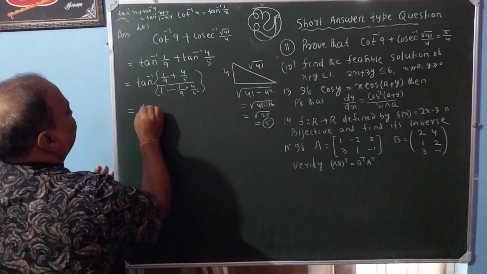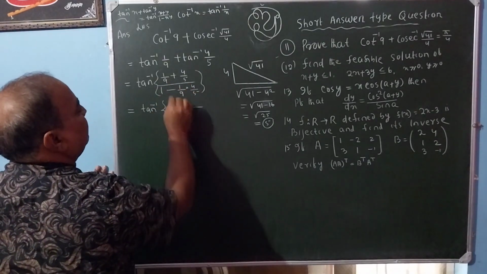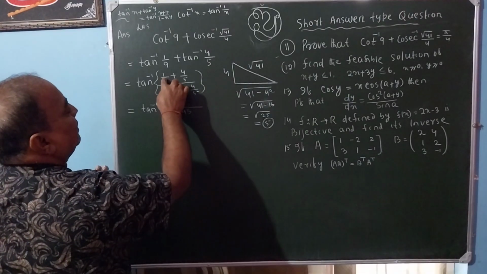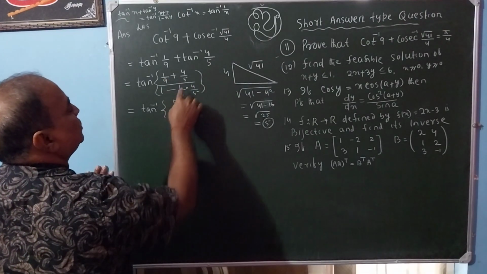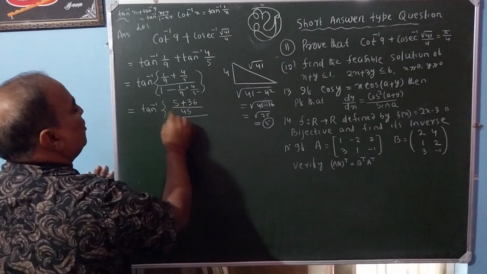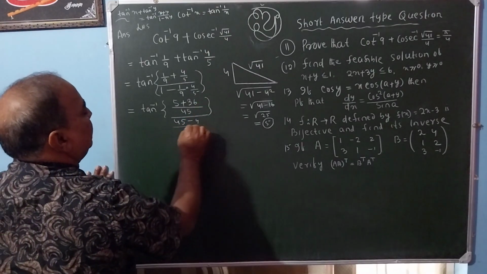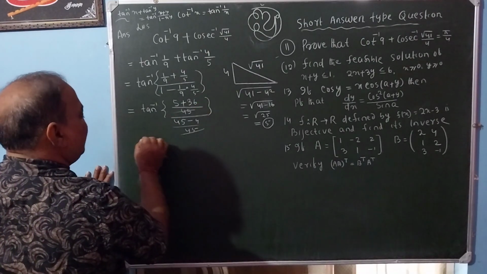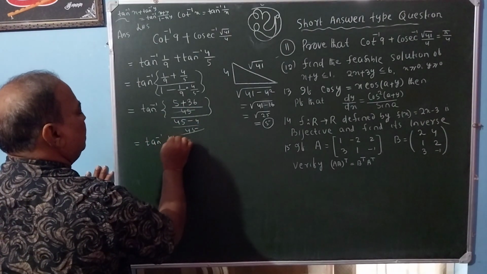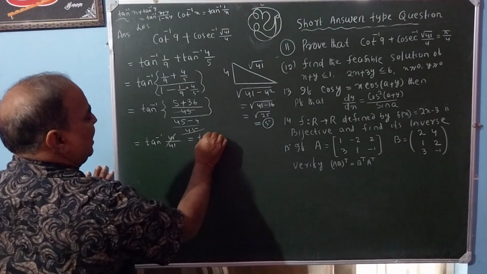Simplifying, here it is tan inverse, LCM 45: 5 plus 36 is 41, and 45 minus 4 is 41, all over 45. 45 cancels, 41 cancels. Tan inverse 1.